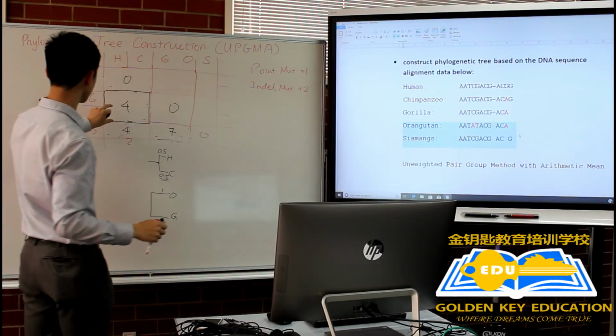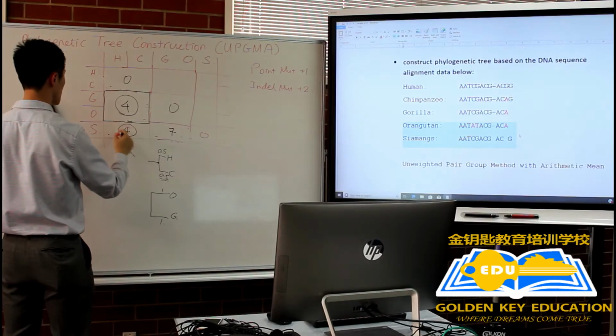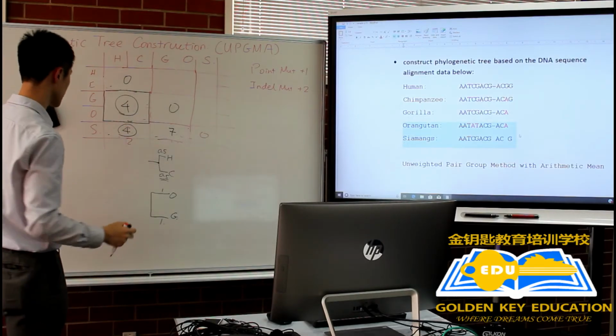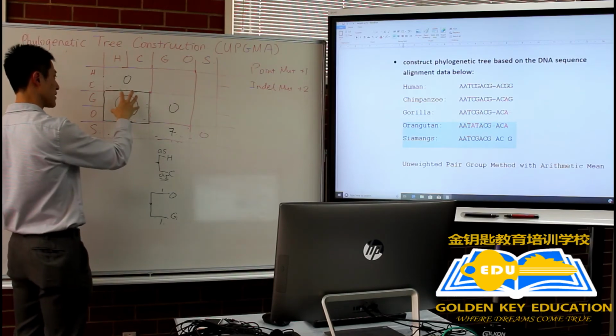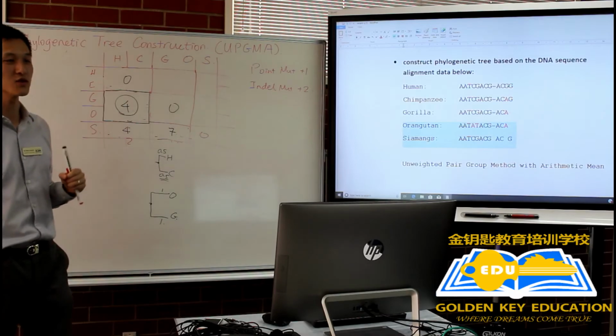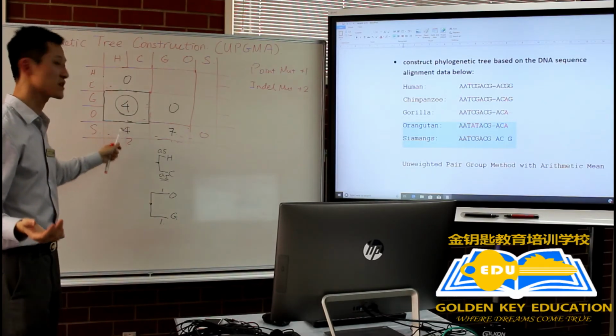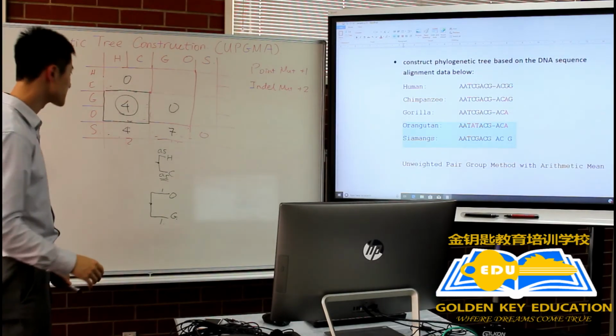again, we're going to have to eyeball the smallest value, which is human and chimpanzee to the orangutan and gorilla group, and which is 4. And you also found this to be 4, and there's no problem choosing this as the starting point, but I'm just going to choose this one as a starting point, just to be clear.